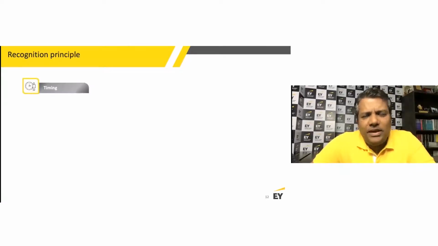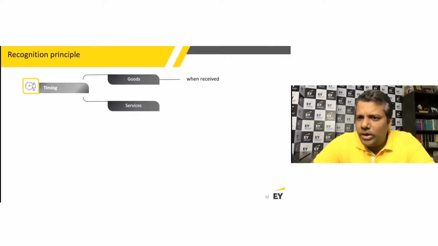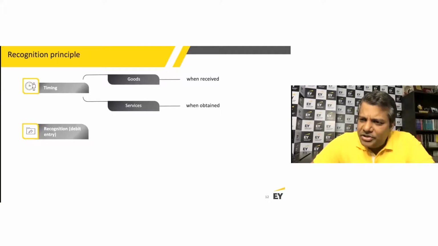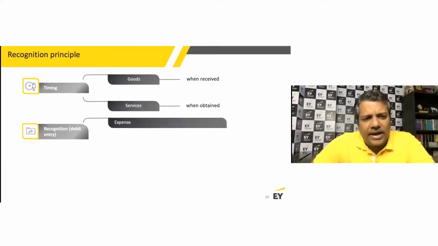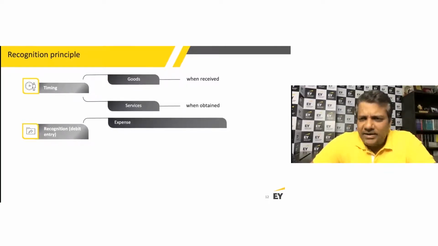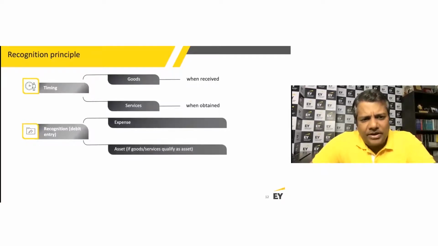From a timing perspective, from a cost recognition perspective: if it is in relation to goods, when received; if it is in relation to services, when obtained. In terms of the recognition, the debit is an expense or a debit to an asset, depending upon whether it relates to Ind AS 2, Ind AS 16 or Ind AS 38, that is, if the goods or services qualify as an asset.